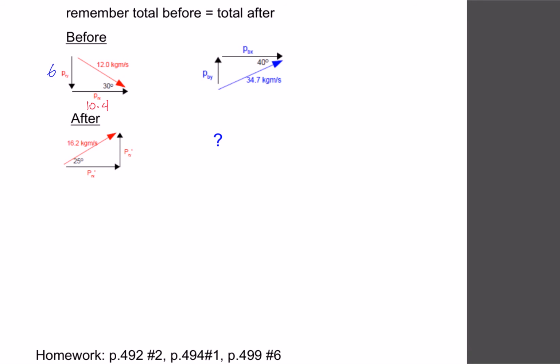Do the same thing for the blue ball. Before and after, so we'd have cos 40 times 34.7, that gives us 26.6.